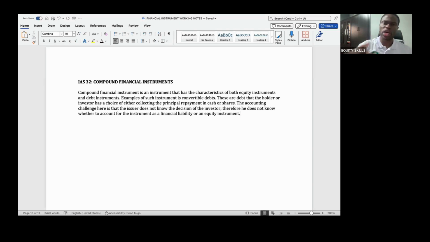And if we know that we're going to settle cash with cash, that one is straightforward. We have an obligation to deliver cash. But here now, you don't know. He doesn't know what the investor would do.